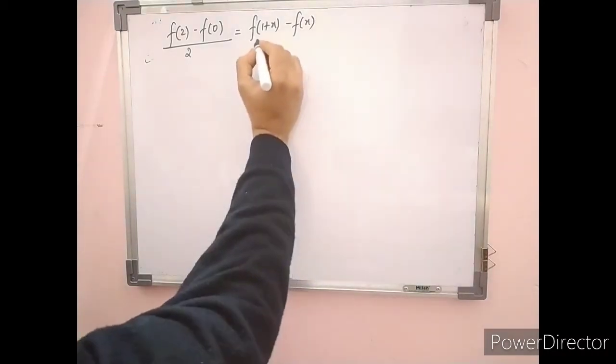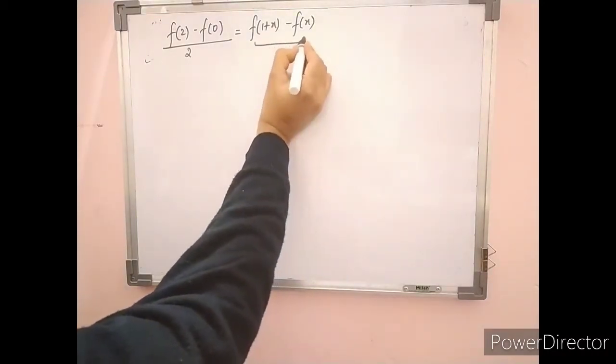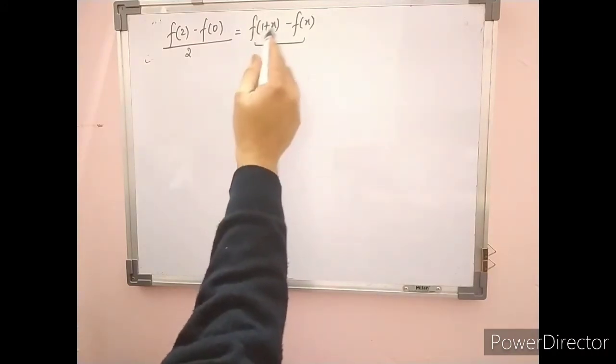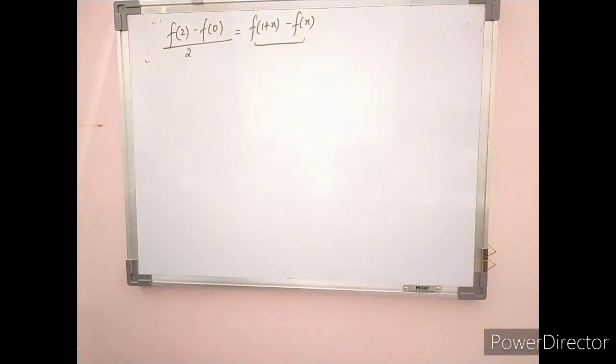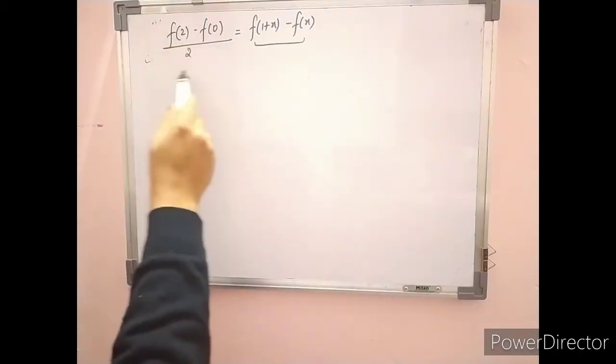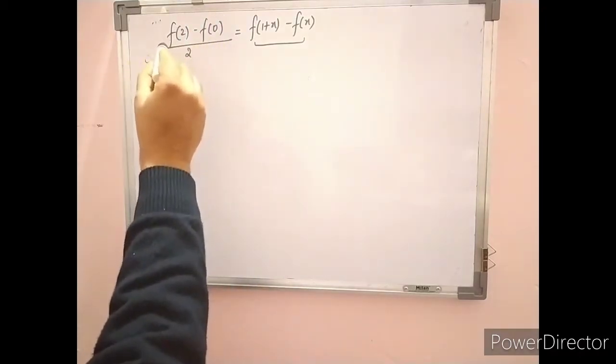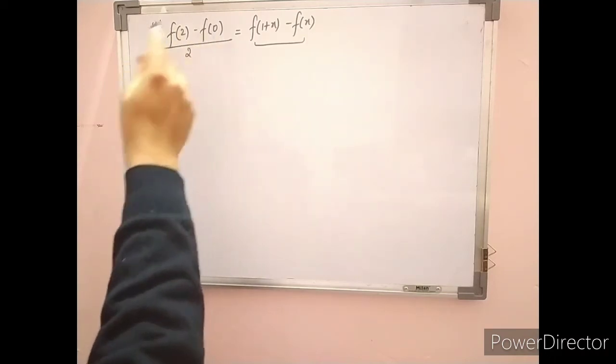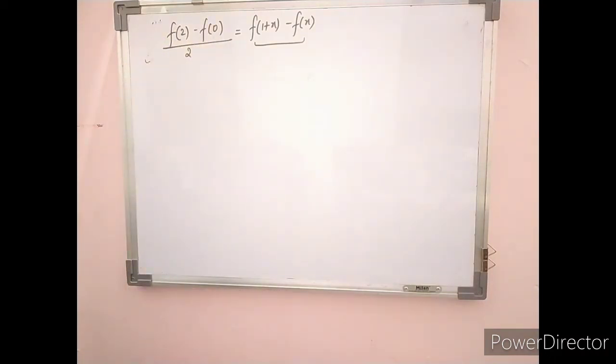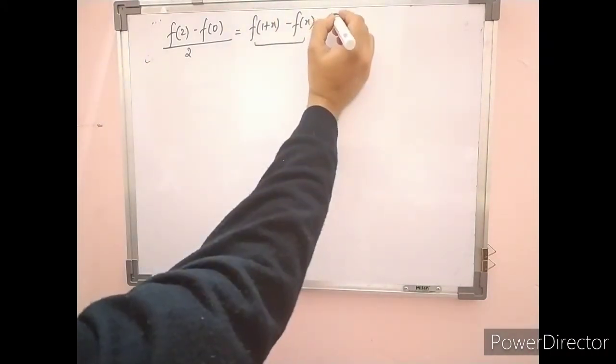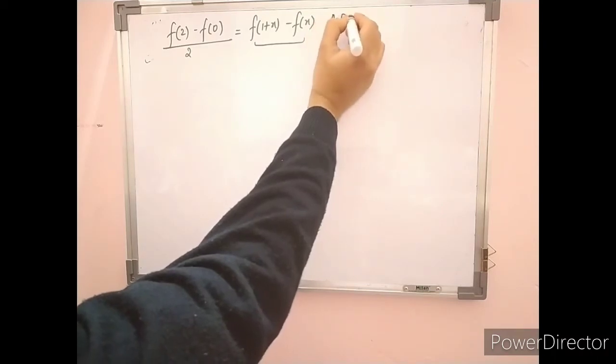Actually, it is the difference of two consecutive values, f(1 + x) minus f(x). It is the difference of two consecutive values, and that is a constant, because f(2) - f(0) would surely be a constant. So the difference of two consecutive values is a constant. That means it might be in an arithmetic progression.